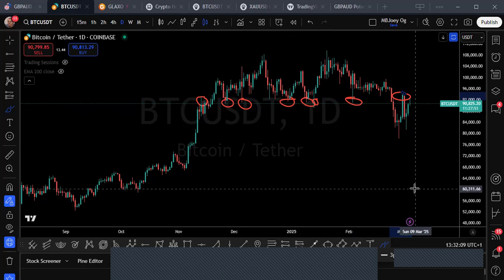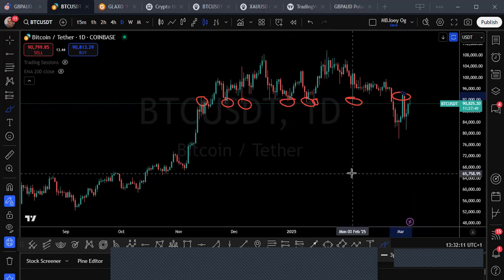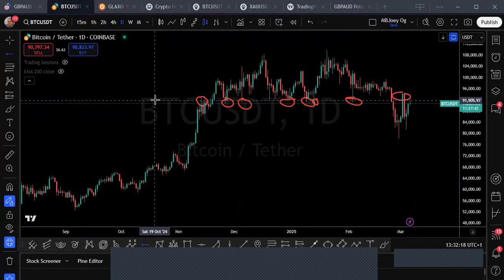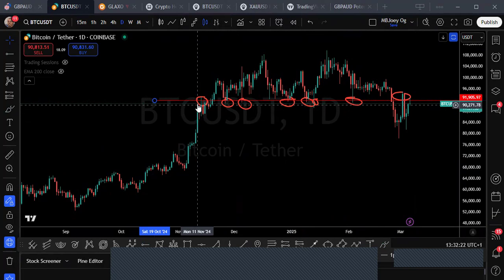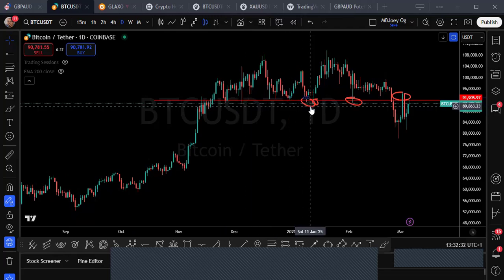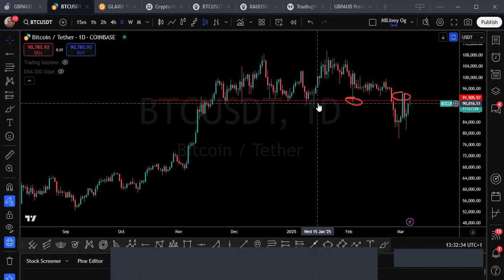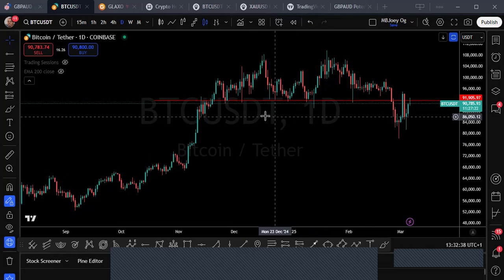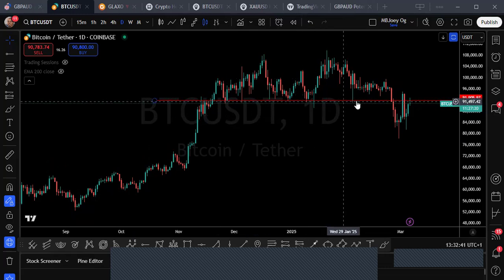So if I want to connect these dots, all I'm going to do is look for the most common points, a line that connects almost all of them together. So if I delete all of this for clarity, you will notice that all of them seem to have a connection.